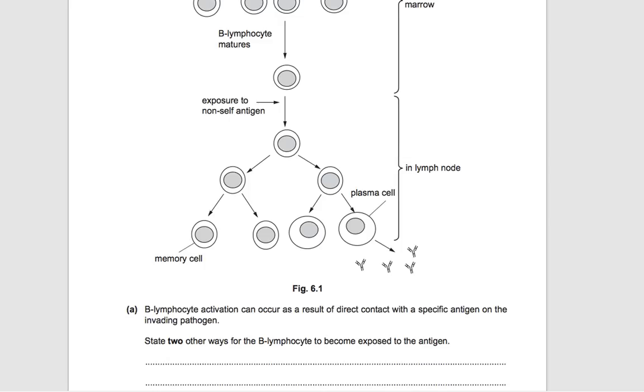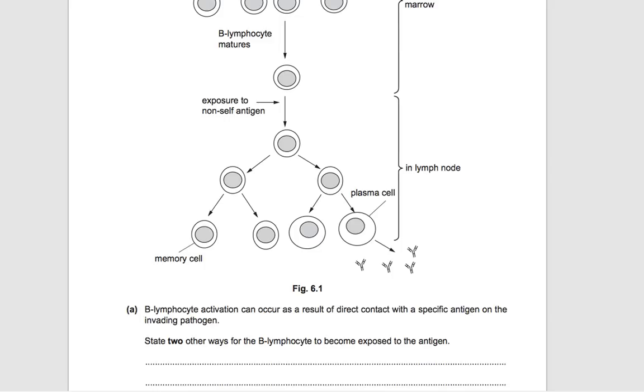B lymphocyte activation can occur as a result of direct contact with a specific antigen on the invading pathogen. State 2 other ways for the B lymphocyte to become exposed to the antigen. So we've just been talking about vaccines, so that's one of them. And then a second way could be from an antigen presenting cell.